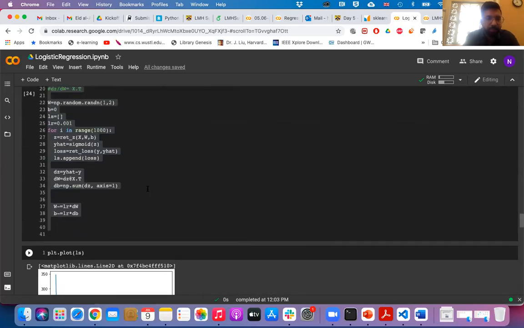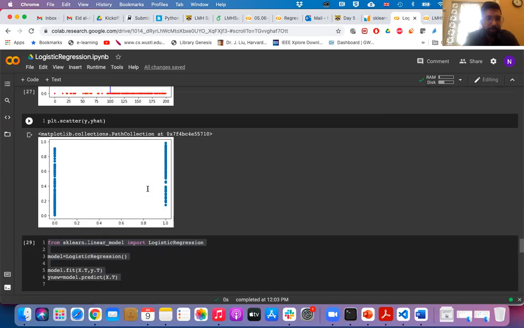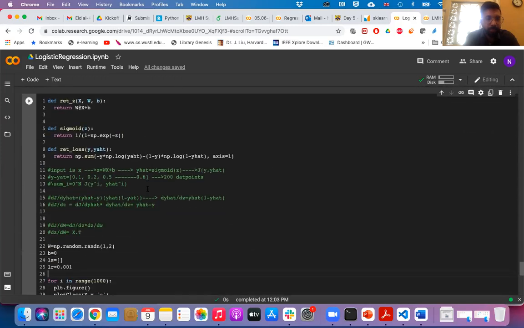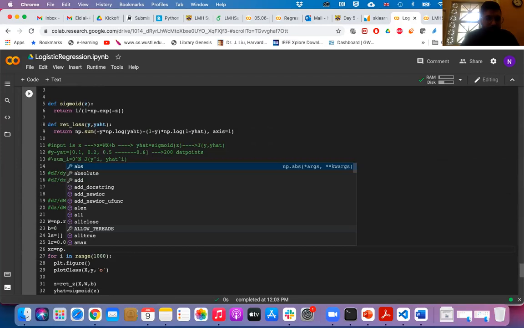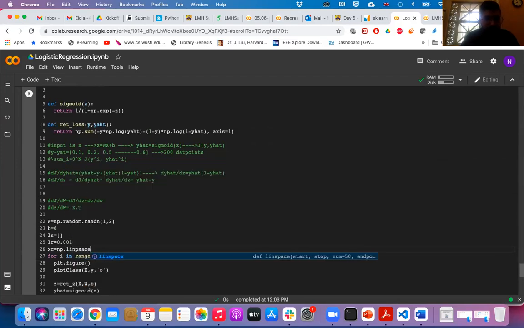So I can call it xc for x clean, np.linspace, from -5 to 5, maybe 10 points. It doesn't matter if I give it 1,000 or 10 because it's a line, so it's fine.